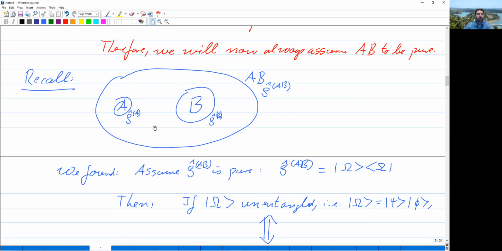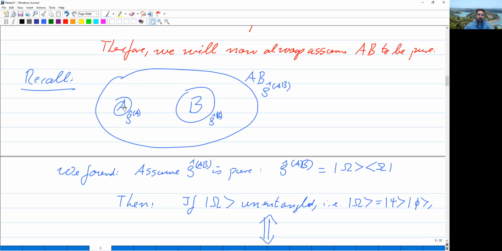Remember, we can use the entanglement entropy to measure mixedness. This suggests that in order to quantify how much systems A and B are entangled with each other, we can simply measure how much system A is mixed.